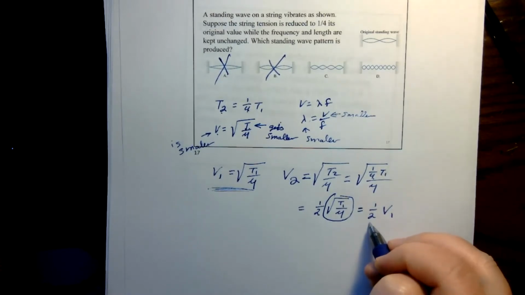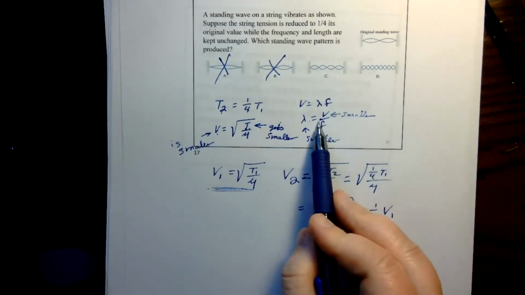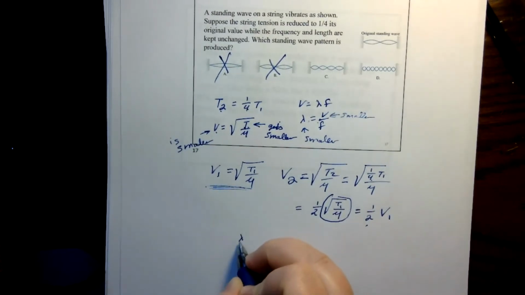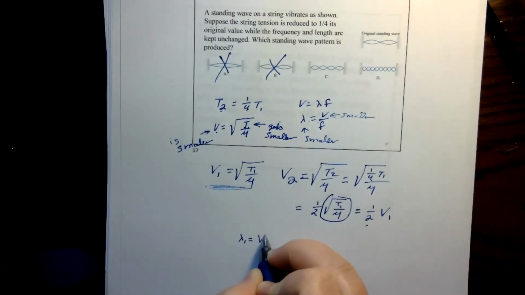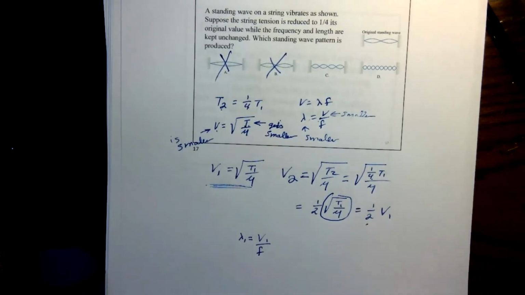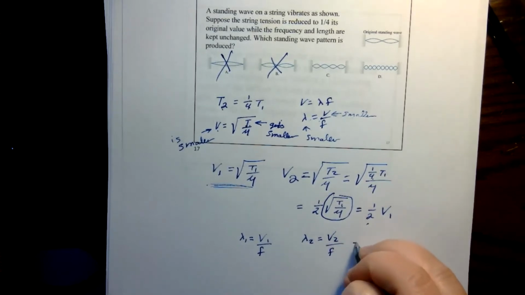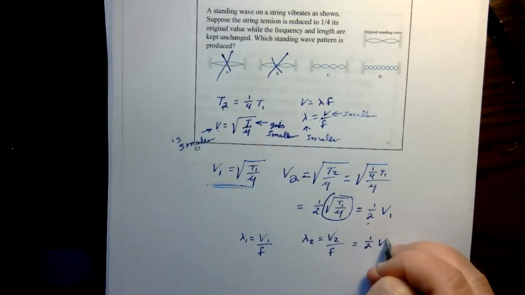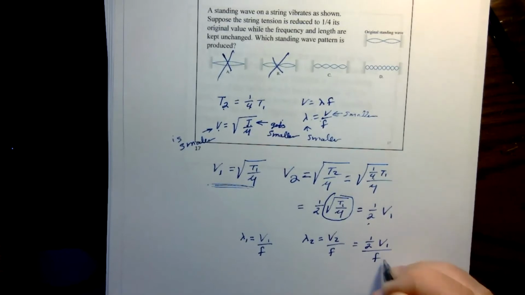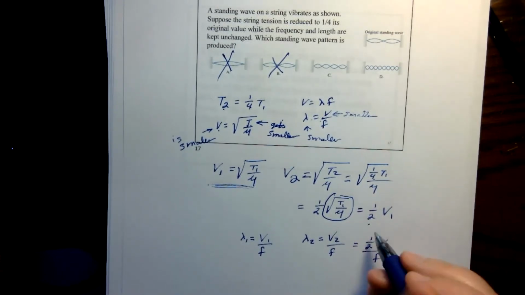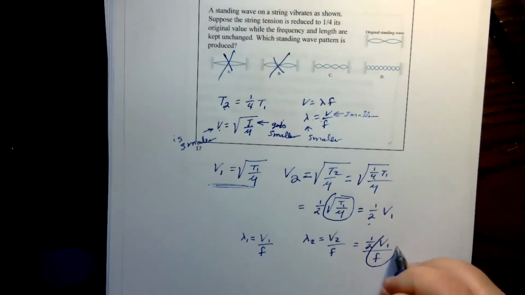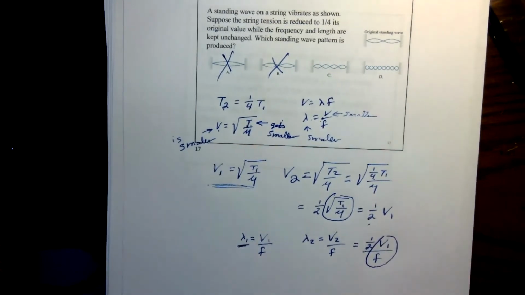Now we have this 1/2 V1. So let's apply it to our wavelength. We said lambda 1 was equal to V1 over F. Lambda 2 is going to be V2 over F, which is going to be equal to 1/2 V1 over F. And this V1 over F is just lambda 1.